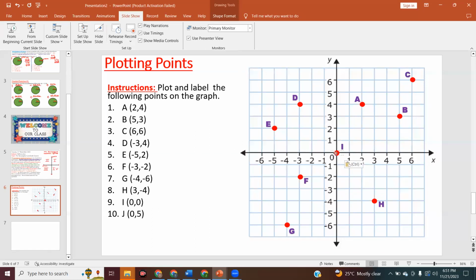We start at the x-axis 0 and we go where? Up. Right? We go up how many times? 5 times. Very good. So 0, 5 is right there. So that's gonna be capital J.